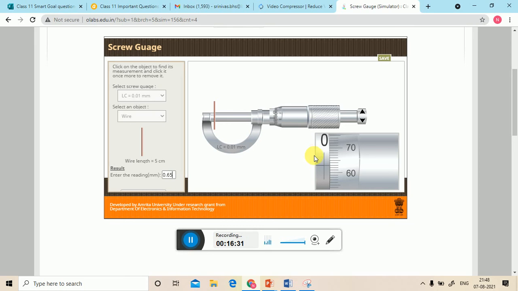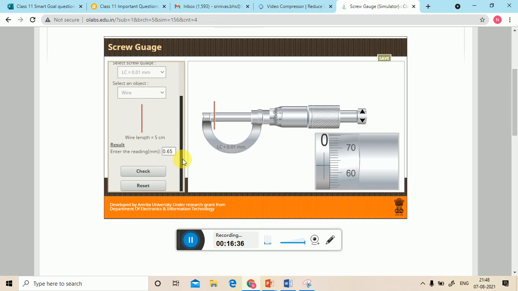So let us check the value we are getting here. So that is the correct answer. So the thickness of the given wire, which we have calculated using this simulator, is 0.65 millimeters.